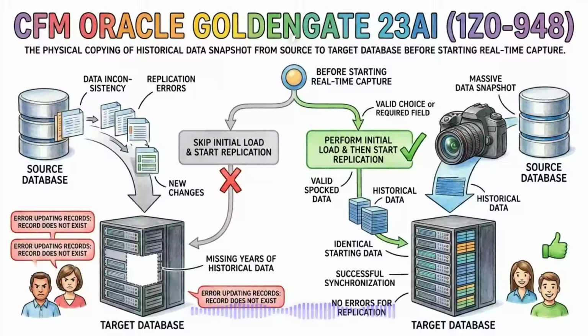When configuring your Replicat process, you must choose an operating mode, and the traditional choice is non-integrated Replicat, often called classic Replicat. In this mode, the Replicat acts exactly like a standard database user, constructing standard SQL insert, update, and delete statements and executing them one by one.